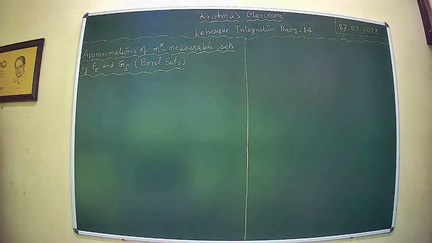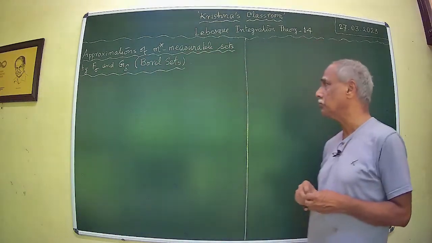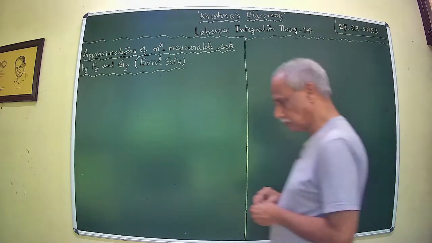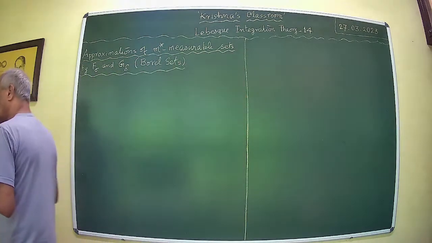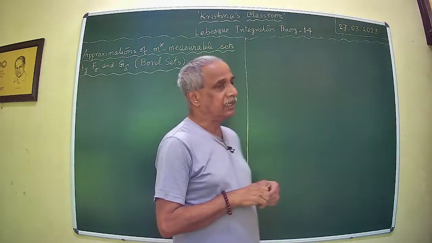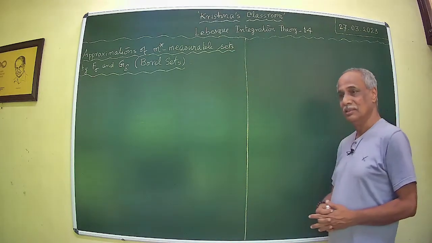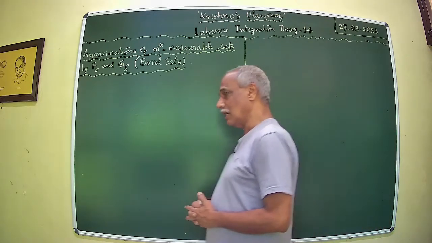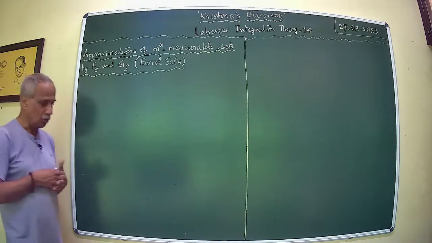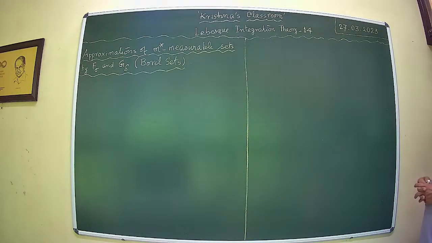Last time we looked at the class of M star measurable sets, script M, and found that it is extremely rich, in the sense that all the open sets belong to it, all the closed sets belong to it, countable unions of closed sets belong to it, and countable intersections of open sets belong to it.